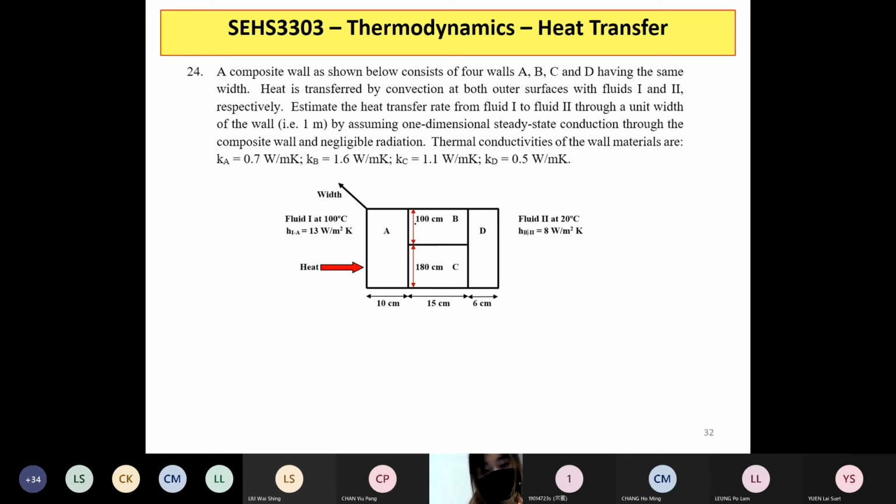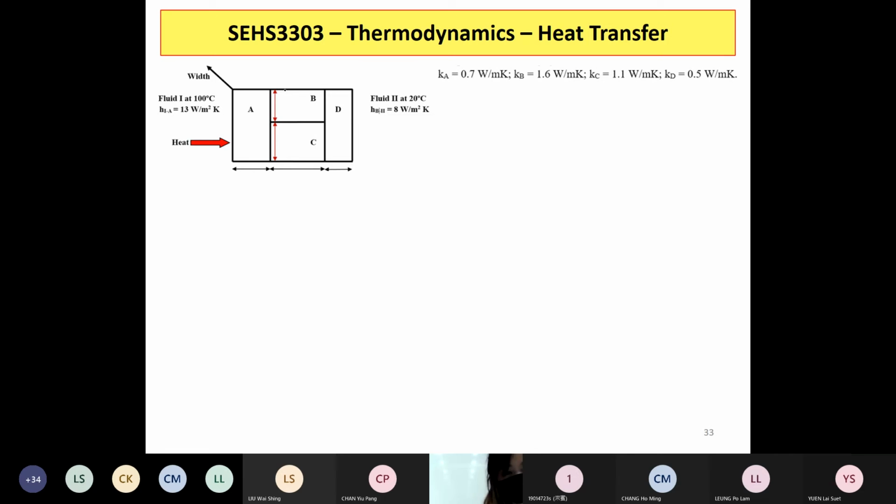The dimensions for the walls are in cm, right? We need to change the unit into meters, okay? So the height of B should be 1 meter.